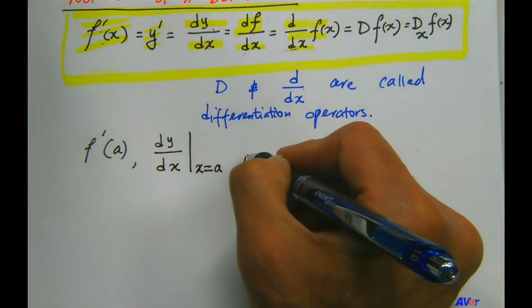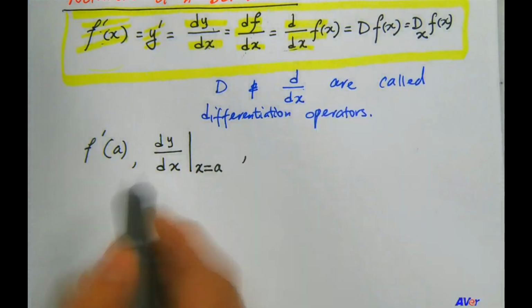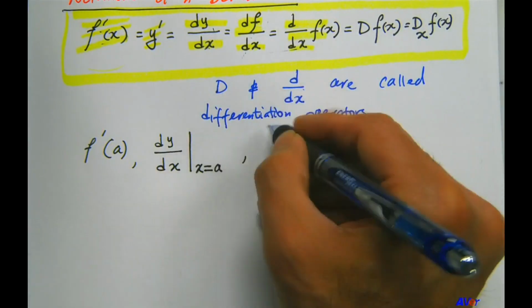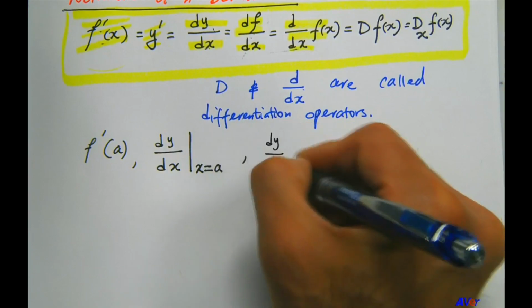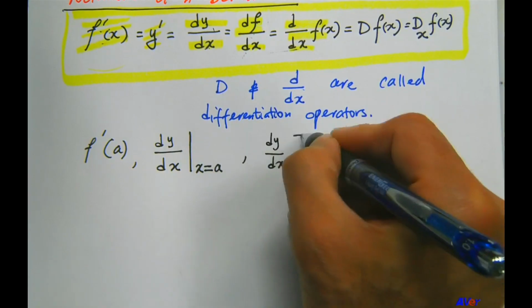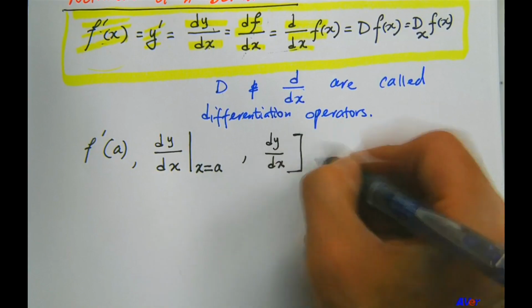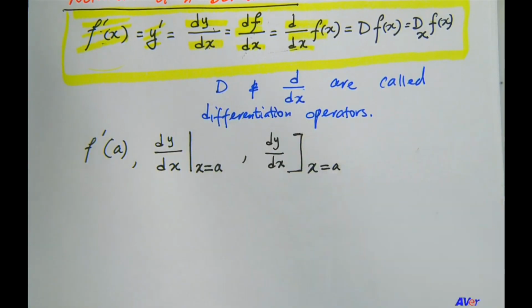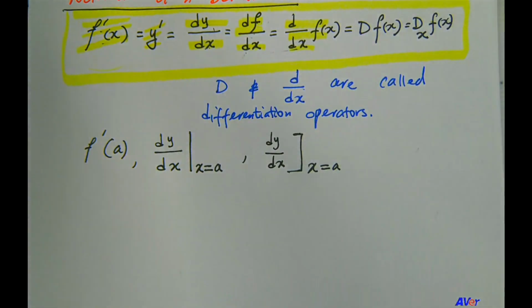Or you might see something very similar, but a bracket rather than a vertical line. You might see dy dx, and then something like that rather than a vertical line, and then x equals a. Okay, so all of that.